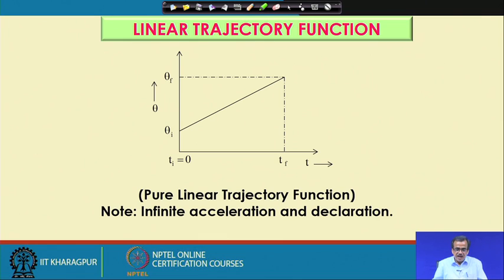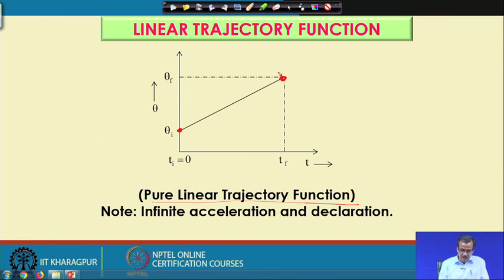Now, this linear trajectory function is also in use, but we have a problem with this pure linear trajectory function. At the beginning there will be infinite acceleration, and at the end there will be infinite deceleration.